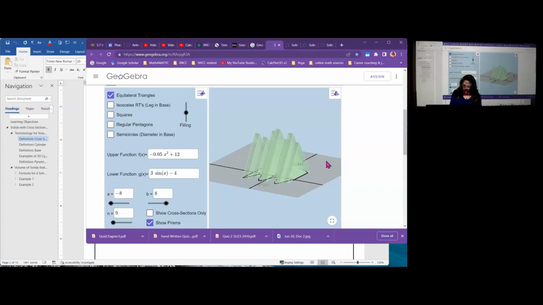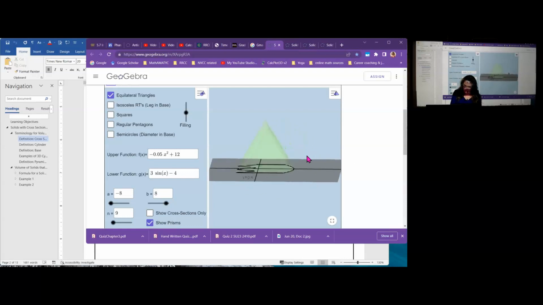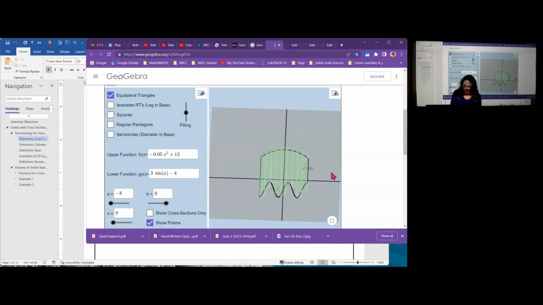When you look up here and we rotate, you can see that the shapes on each side are the same, and the function there on top is the downward opening parabola with the sine function below it. Note this sine function was shifted down.